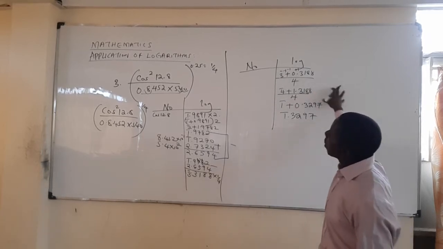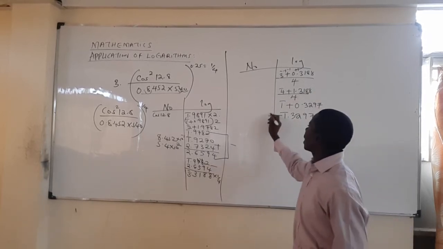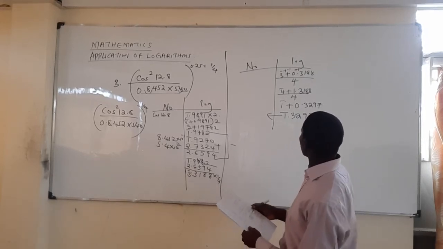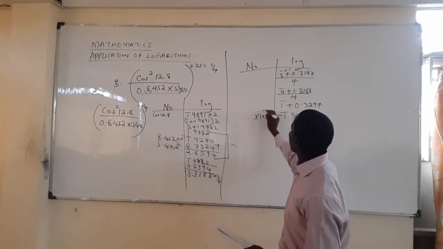So now on the antilog side, you get that number and you get the answer, and this is going to be times 10 to the negative 1.